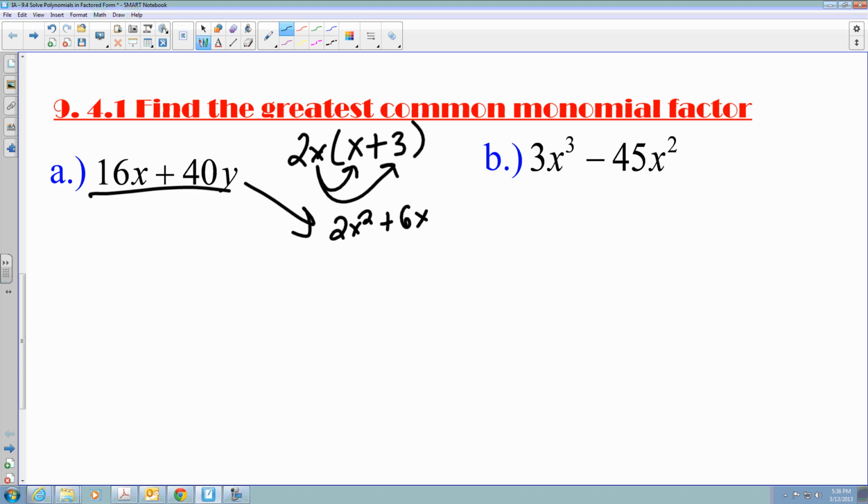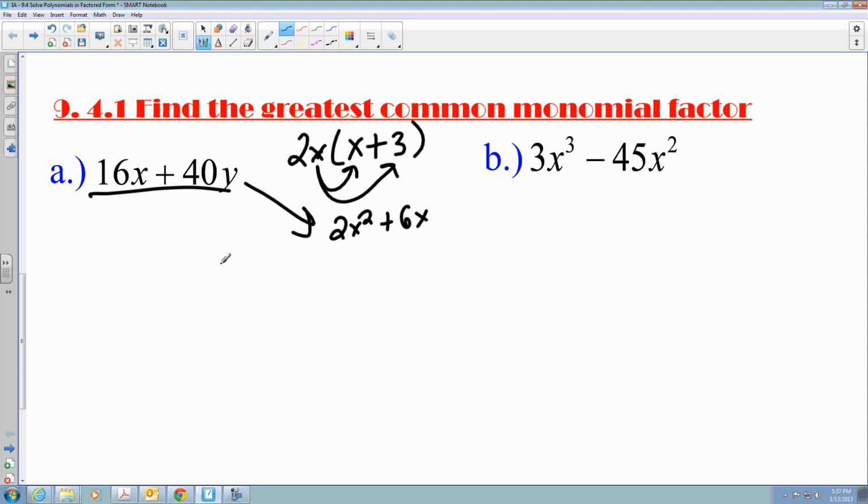So let's look at this example. I have 16x plus 40y. Now let's look at the numbers itself. Let's look at 16 and let's look at 40. What is the largest number that I could take out of both numbers and it would still give me a whole number where I could distribute it?